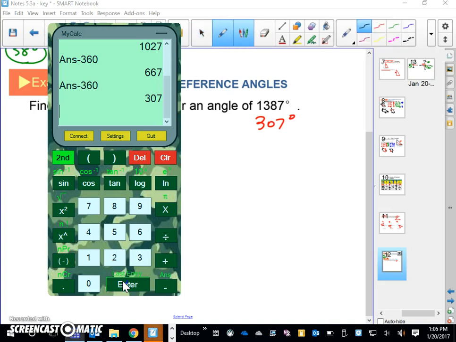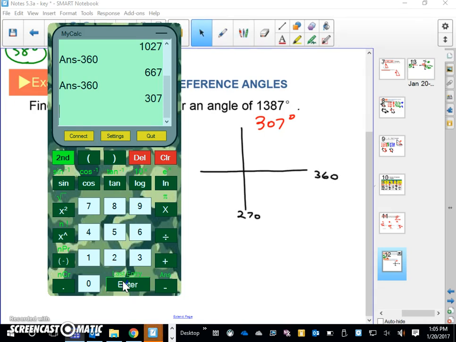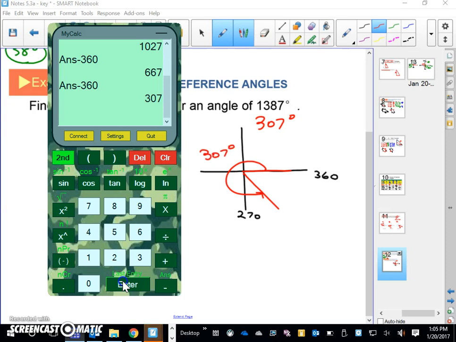Can anybody tell me what quadrant 307 would put us in? That's the fourth quadrant, right? Somewhere in between 270 and 360. It doesn't have to be perfect, it just needs to show the fourth quadrant. 307 would put us there, and so therefore would 1387. 1387 is in that exact same location.